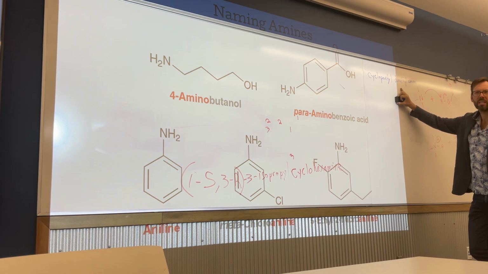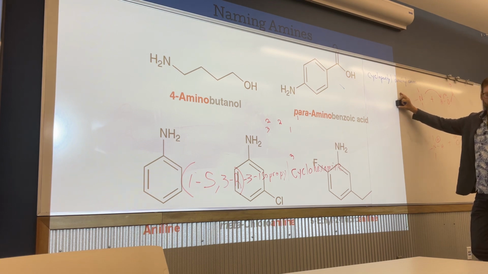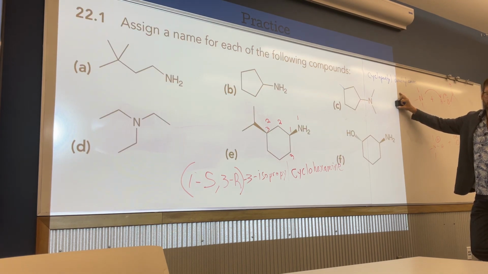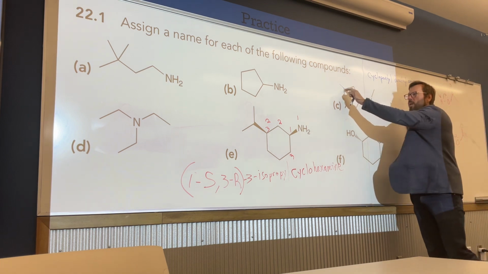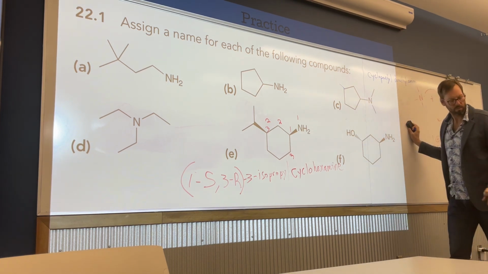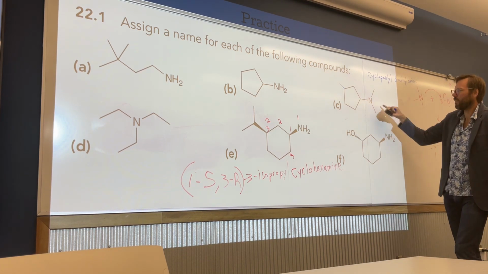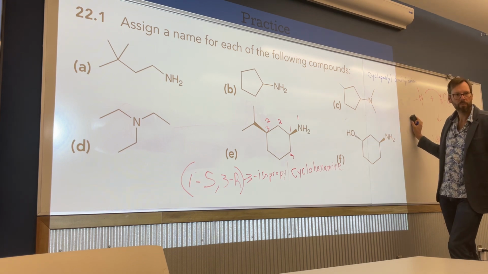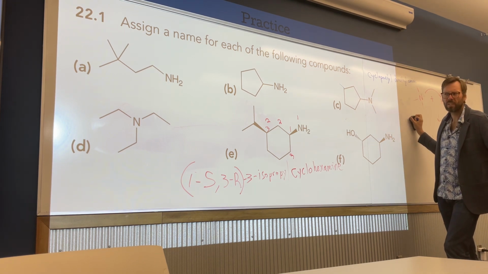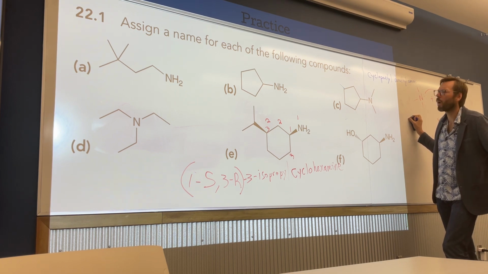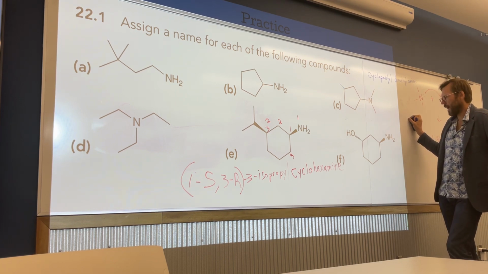But we wouldn't need to do that because, no, strike that. If it were just a methyl group here, we wouldn't do the parent. We'd keep the amine as the parent. Does that answer your question, Lex, or did I misinterpret it? No, that answers it. Okay. All right.